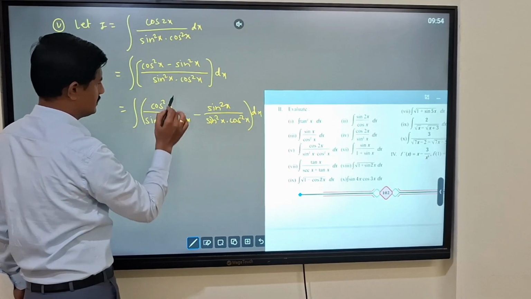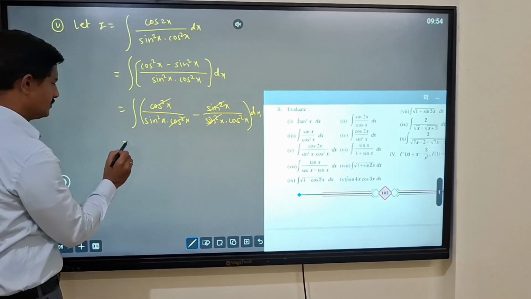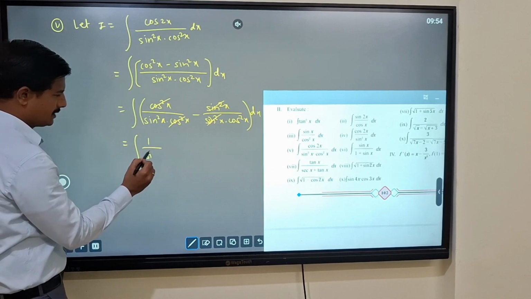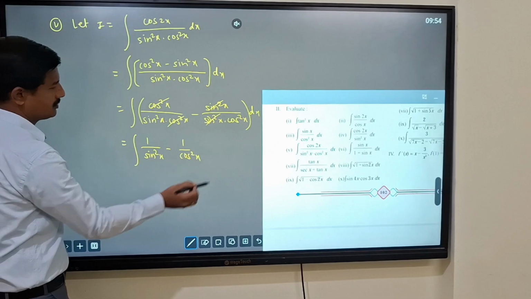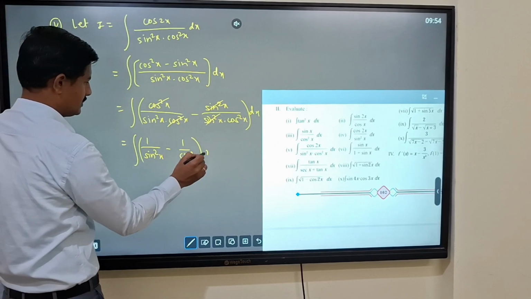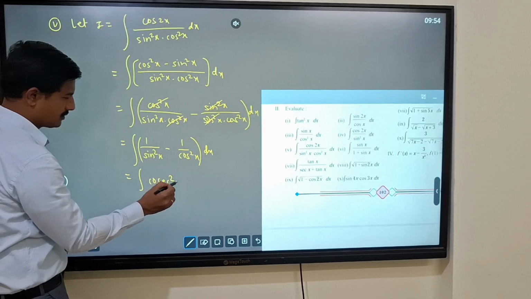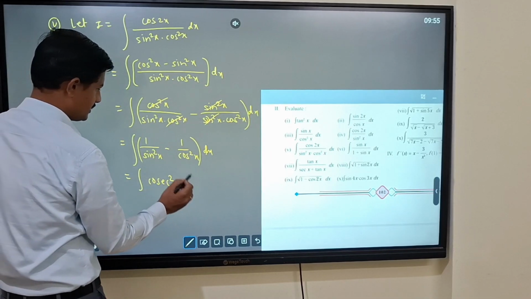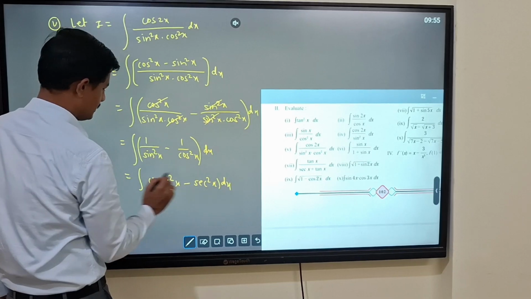This cos square gets cancelled. This sin square gets cancelled. So what remains? 1 upon sin square x minus 1 upon cos square x dx. So 1 upon sin square x becomes cosec square x minus 1 upon cos square x becomes sec square x dx.